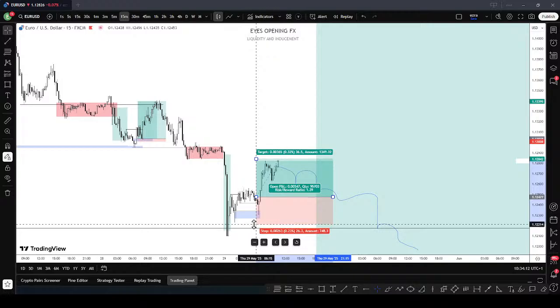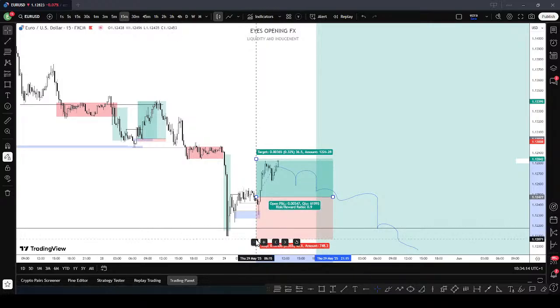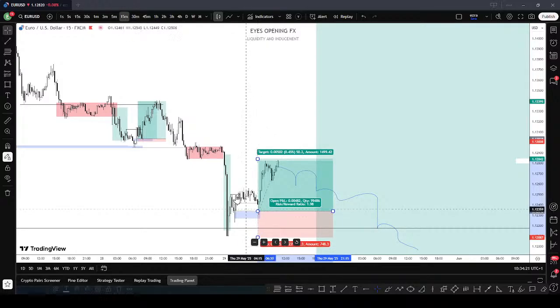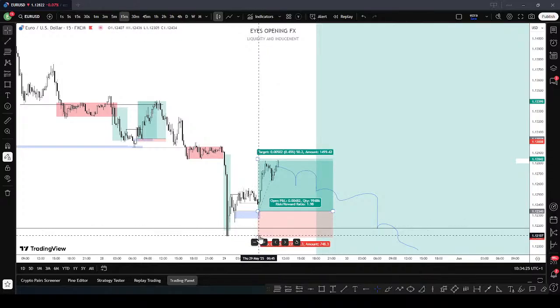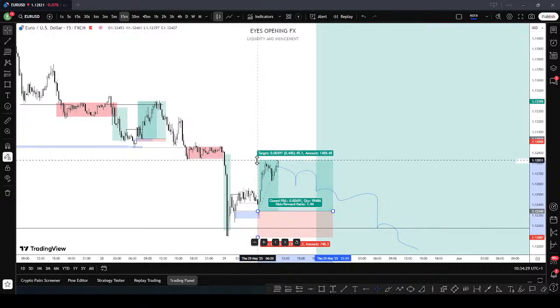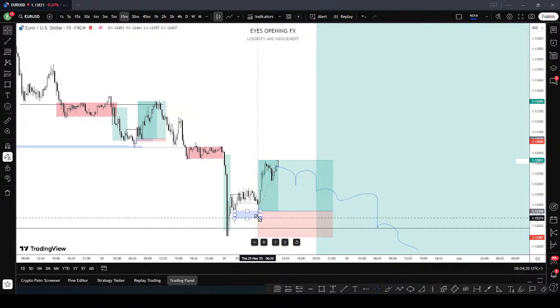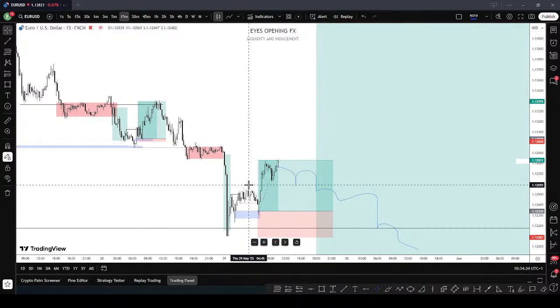Now, if I'm sending this type of setup, I will likely set my stop loss right below this low. The reason I do it most of the time, if I'm sending it to my community or to the public, is that if I don't do it like that, a lot of people can make unnecessary mistakes.